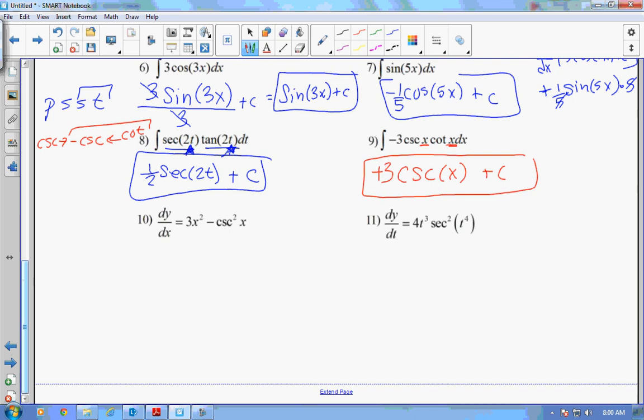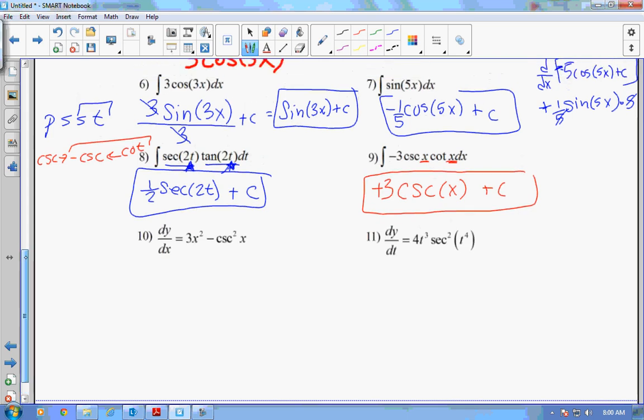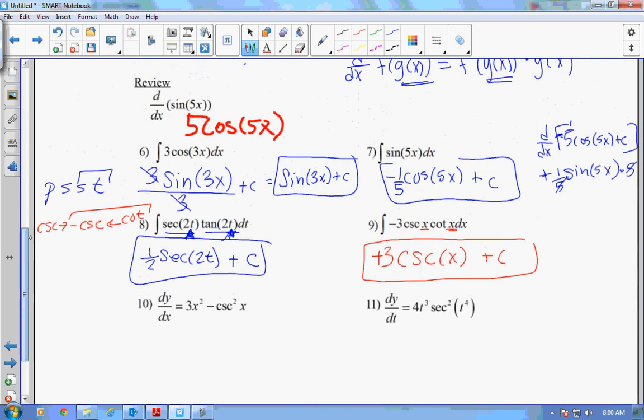dy/dx equals 3x squared minus cosecant squared x. Now, when we take the integral, you can see on all of these, when you integrate, the dx is always with the function. Well, dx is over here with dy.